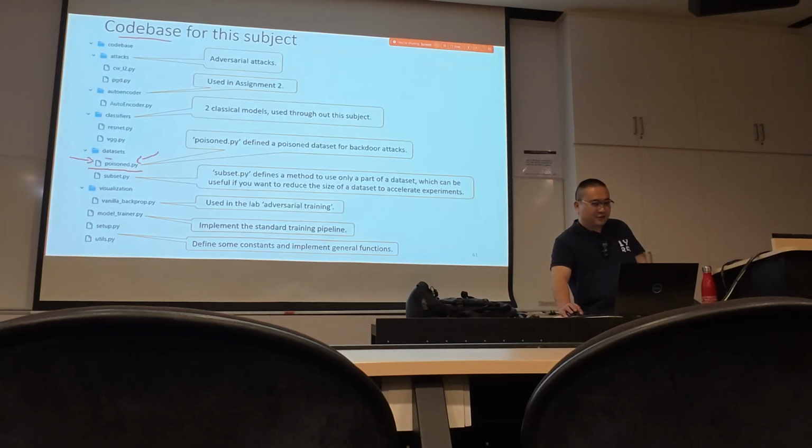So you can copy the code that you want to modify into your own code, modify the code there, and then call your own function or create your own classes. So do not modify the code base, because you don't need to submit the code base for the assignment.